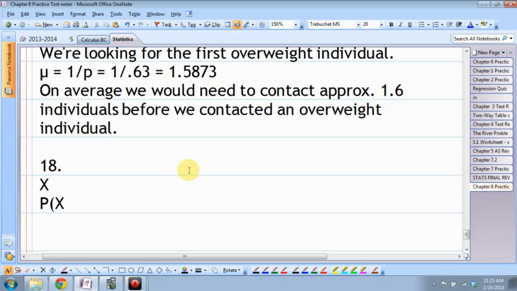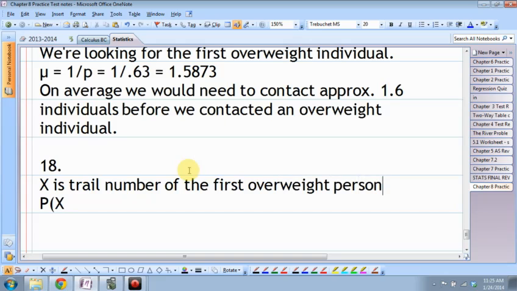X is equal to the trial number of the first overweight person. So we want to know the probability that it'll take more than 5 attempts. So that's greater than 5.